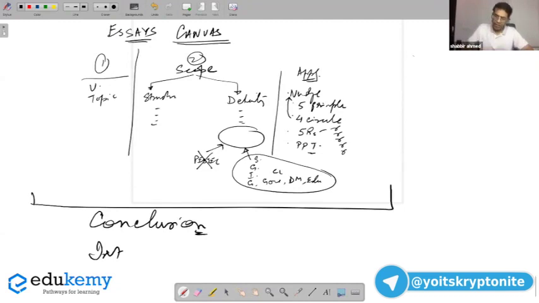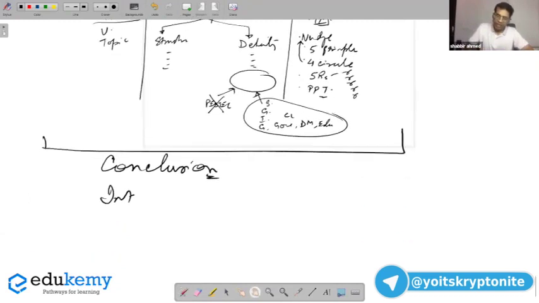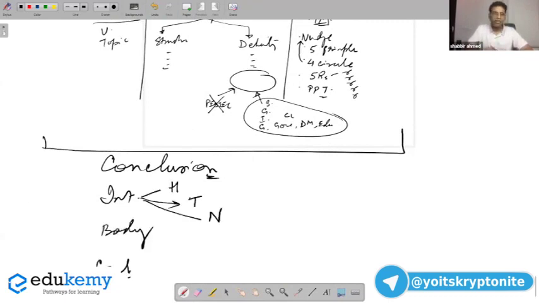Okay, so if you remember the structuring of the essay, the introduction, we have the body, we have the conclusion. Okay, introduction includes the hook, the thesis, and includes narration. Okay, the body is the elaboration, जिसमें dimensions आ जाता है, and these dimensions can be developed by different tools.